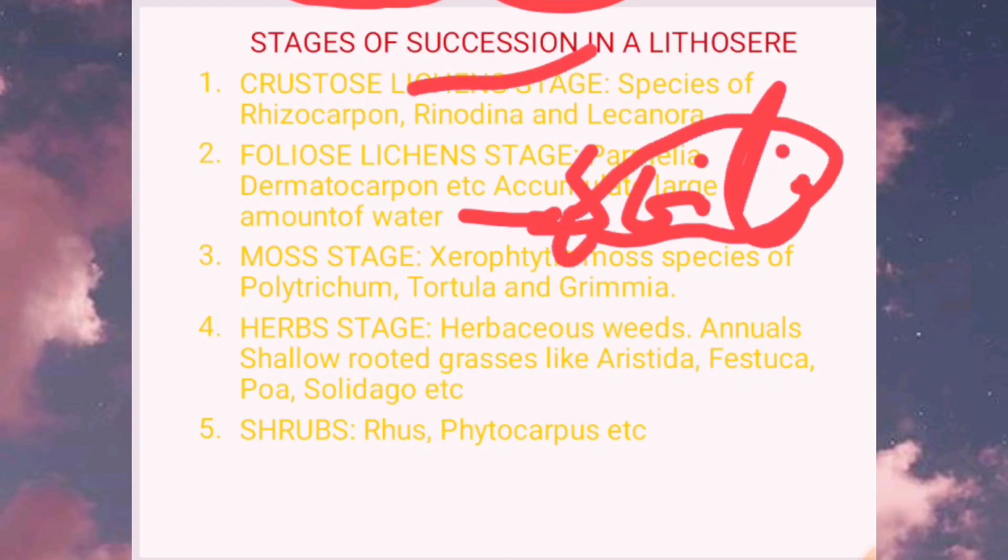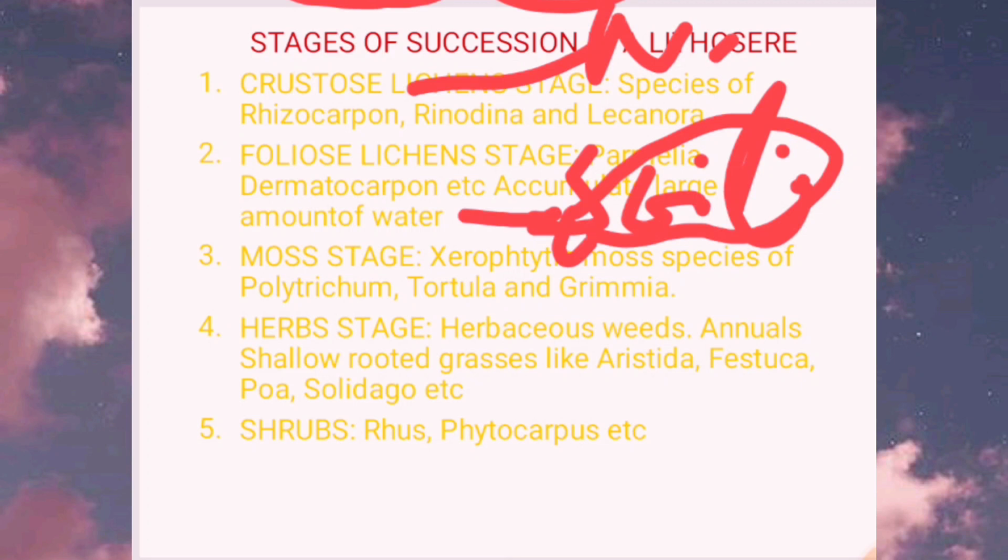In the crustose lichens stage, weathering of rocks occurs, because these crustose lichens were producing acids which help in weathering of rocks. Foliose lichens are able to accumulate a large amount of water. Now moving to the moss stage. Before this moss stage, some soil has already been formed.